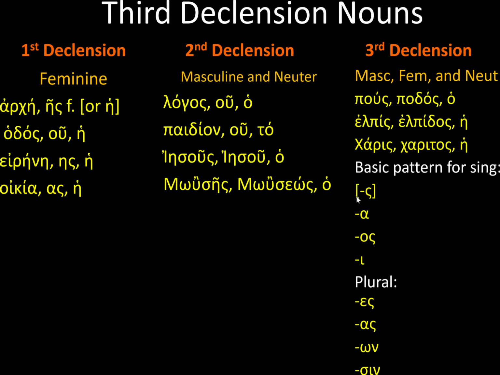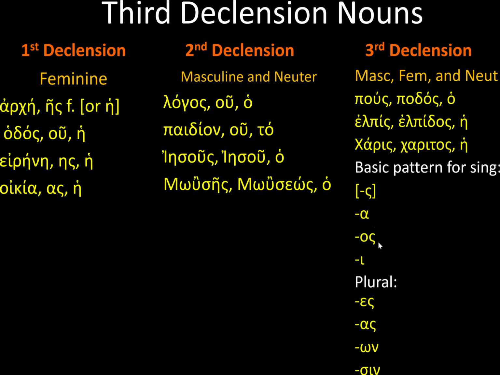And by doing that, when we now come to the third declension, we find this basic pattern for the singular and plural. If we memorize sa, os, si, es, as, on, sen. Again, sa, os, si, es, as, on, sen.